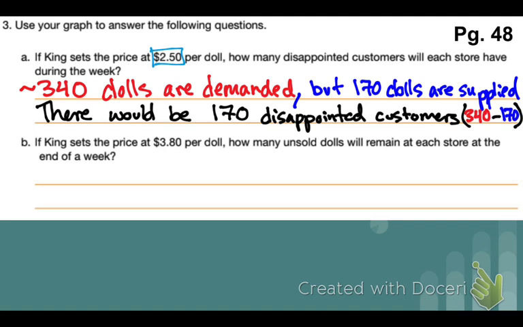So part B says, if King sets the price at $3.80 per doll, how many unsold dolls will remain at each store at the end of a week?